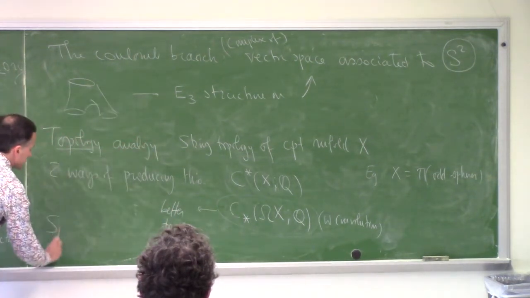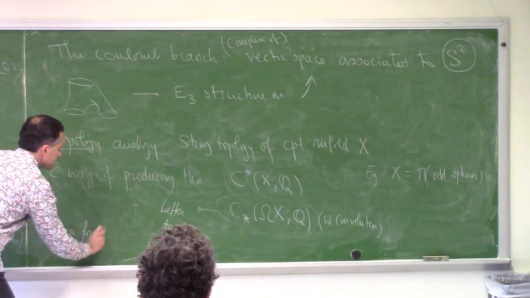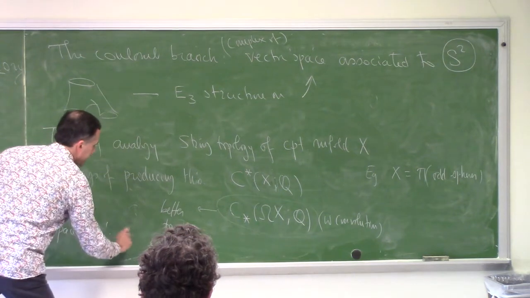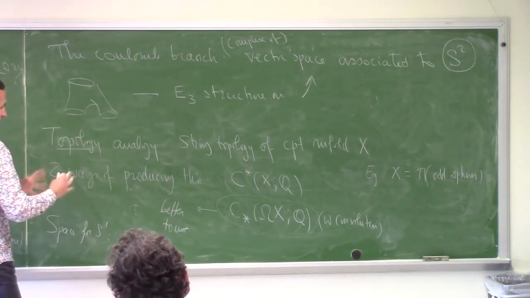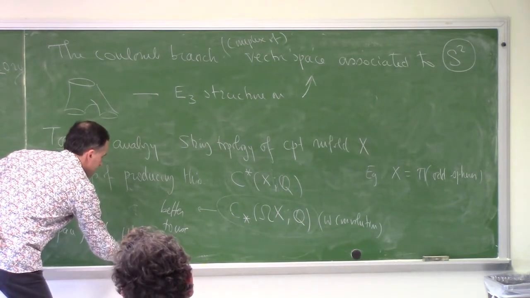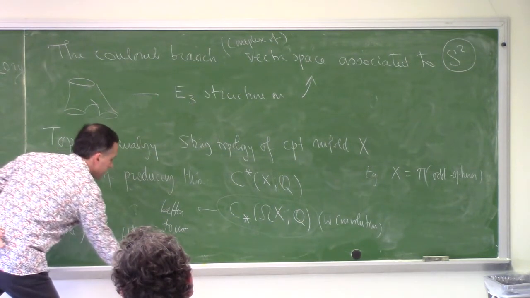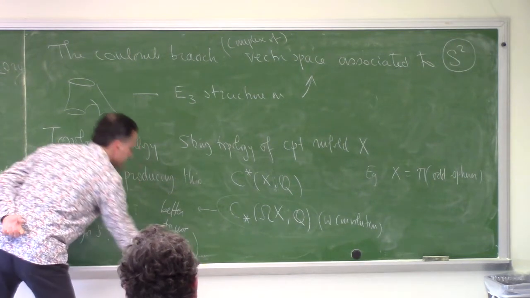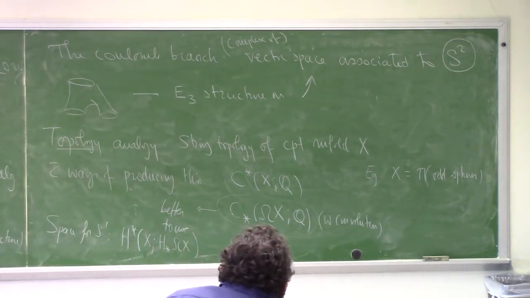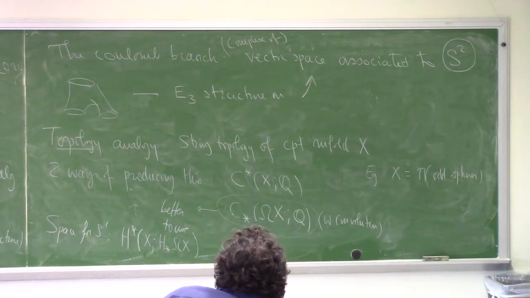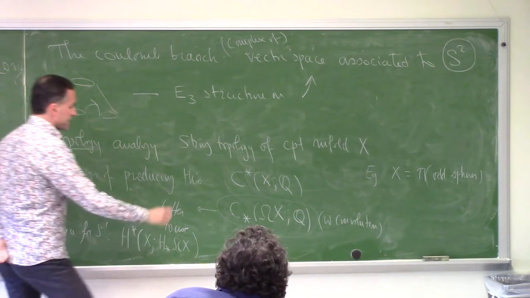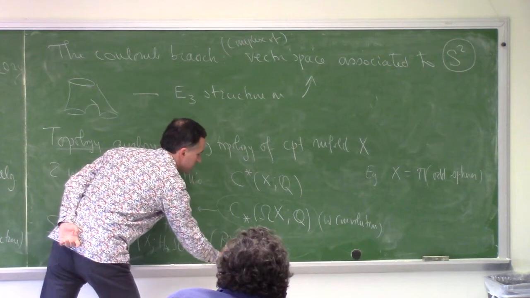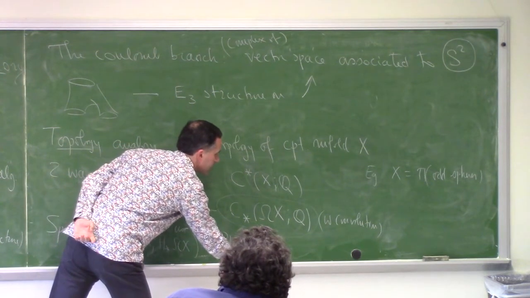And the space associated with the circle, if you want to put it this way, ends up being some hybrid thing, something like the cohomology of X with coefficients in the homology of the based loop space of X. And this has a very nice structure of BV algebra and so forth.